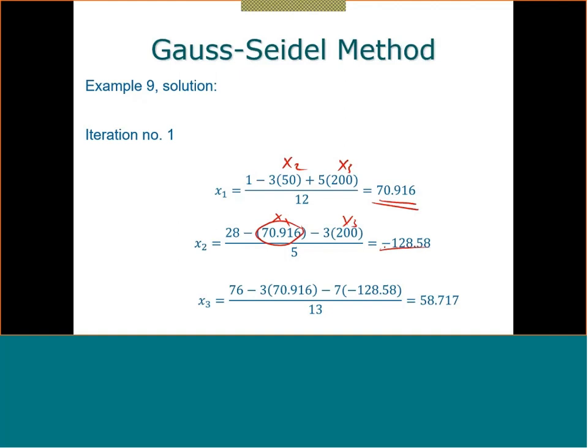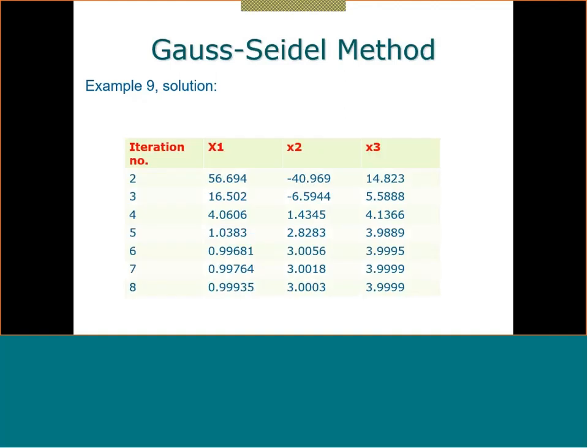But as I said, do not use the first iteration as an indicator of whether you are approaching or not approaching, converging or diverging. You have to keep doing a few iterations before you come to this conclusion. So if you do that, this is the second iteration, third, fourth, and you can see clearly here we are converging.